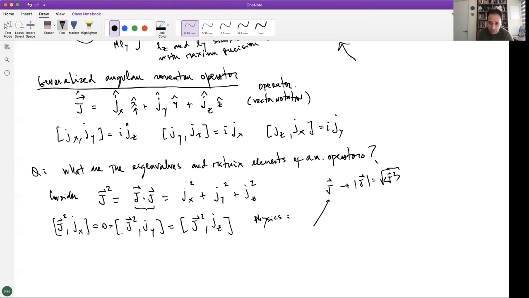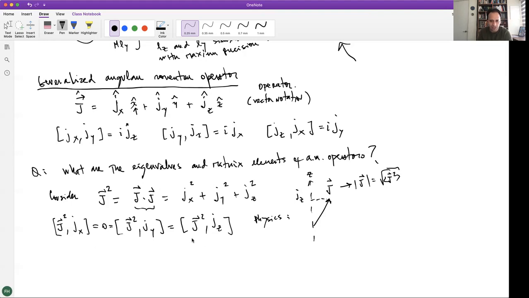If this is the z-axis, and you know the length of the angular momentum vector and its component Jz, you can know both quantities with maximal precision, setting the uncertainty to 0. You can prepare a state with a well-defined length and a well-defined component along one axis.